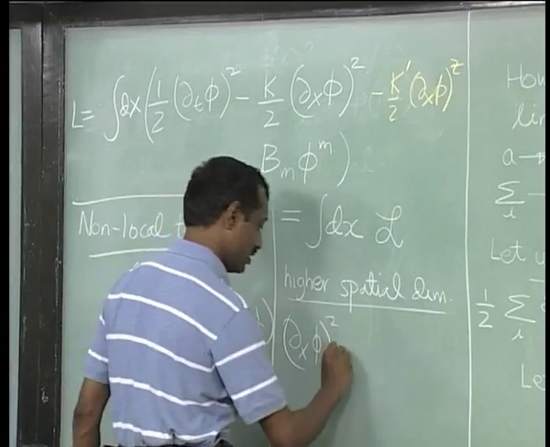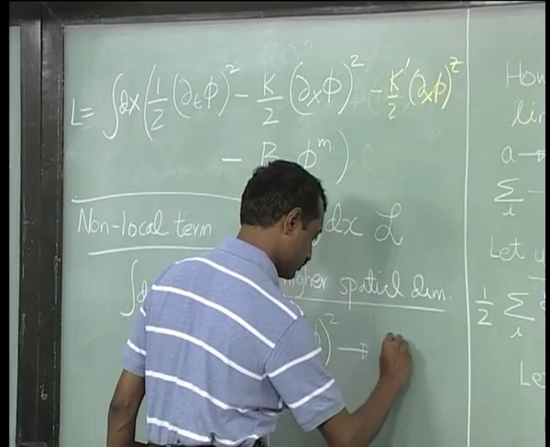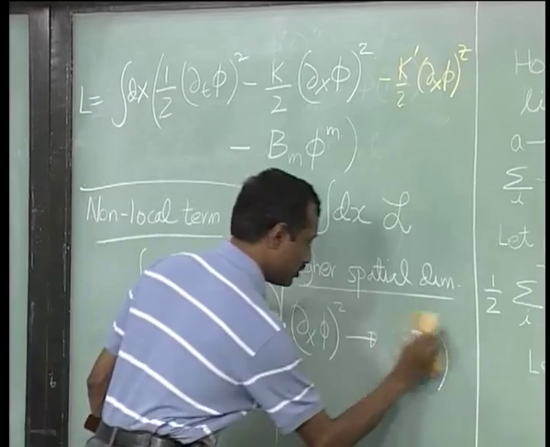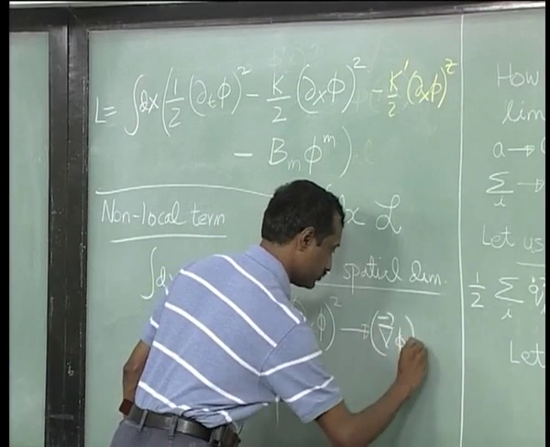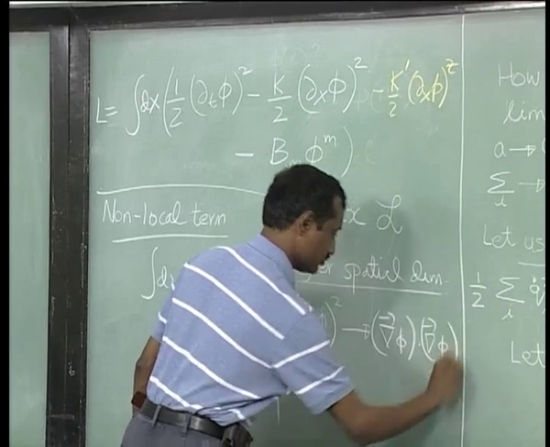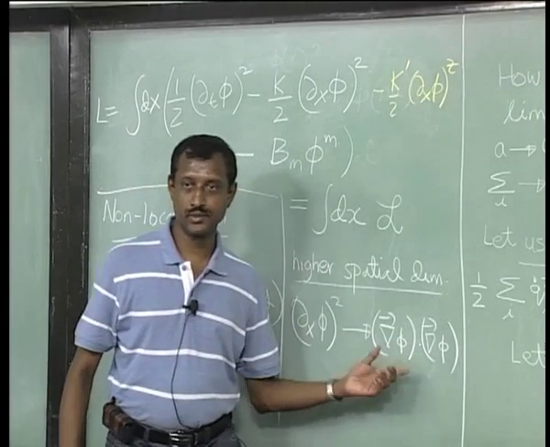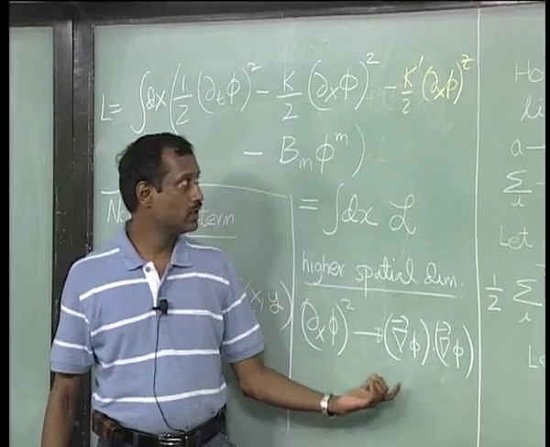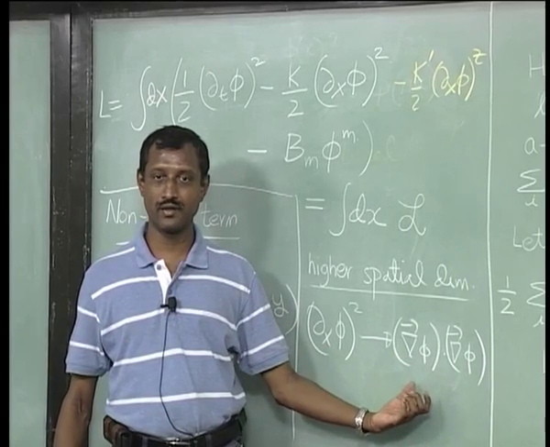So, dx squared would go to some kind of gradient, let me write it as a dot product. Okay. And you can see that no particular direction is special in such a term, isotropy is taken care of. So, if you want to put higher powers you can, but it has to be some power of these sorts of terms.